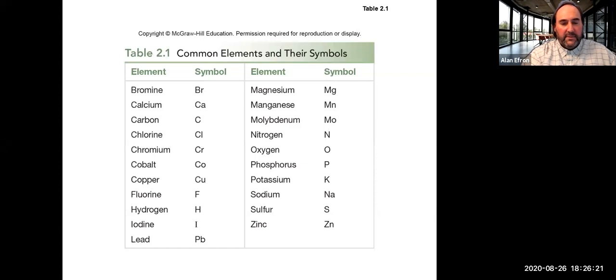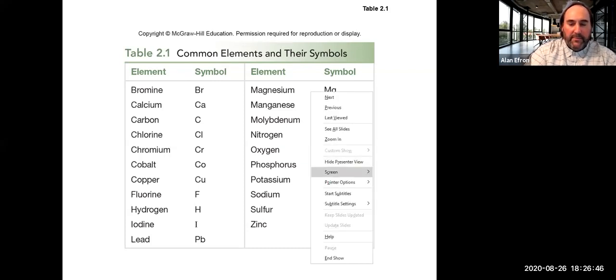First off, let's talk about some common elements and their symbols. This is normally where I point to the periodic table, so look at the periodic table in your book, perhaps. On the periodic table is all of our elements and a couple of things about the symbols, which I think we might have touched upon in chapter 1. When we write symbols, it's really important that we write them correctly.